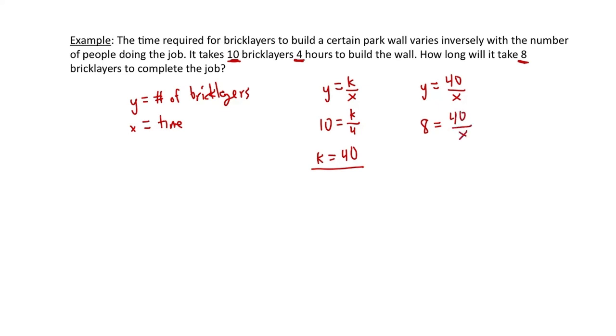Well, we have 8 equals 40 over x, which really gives us 8x equals 40, and so x is equal to 5. Now, is that 5 bricklayers? No, that's 5 hours. It takes the 8 workers 5 hours to complete the job. Whereas if you had 10 workers, it takes less time, obviously, only 4 hours.